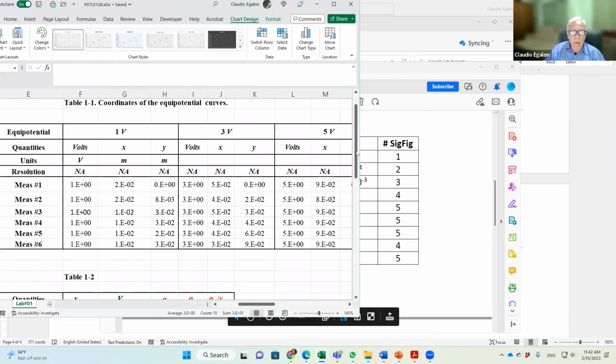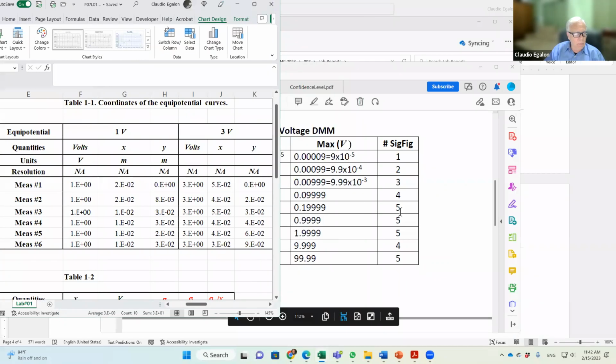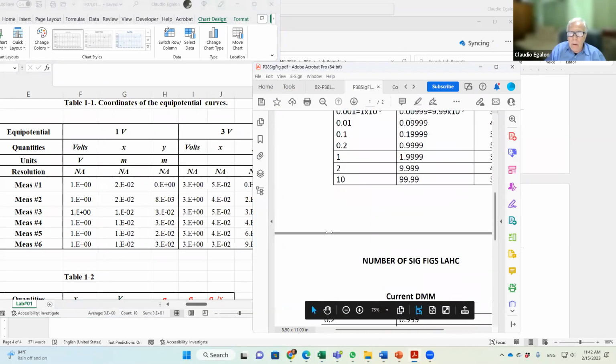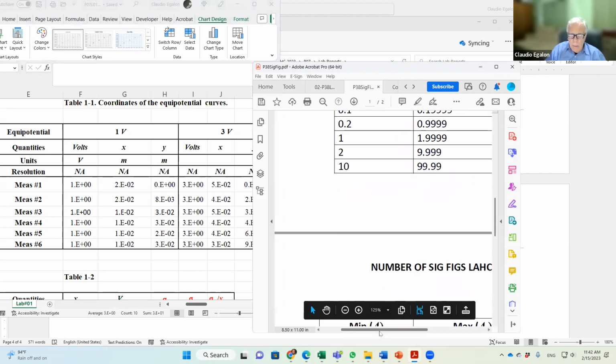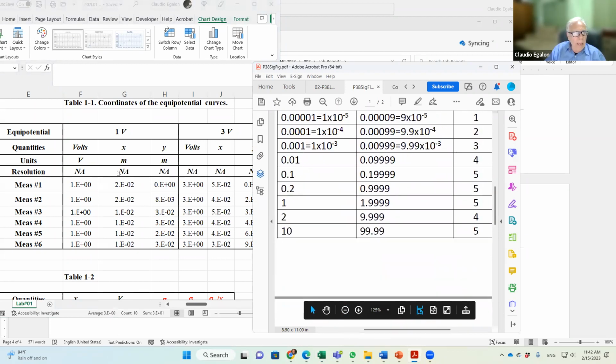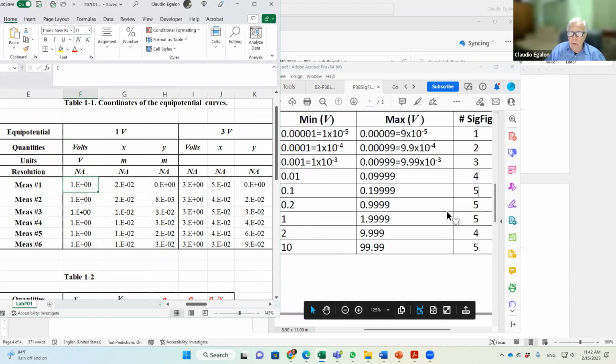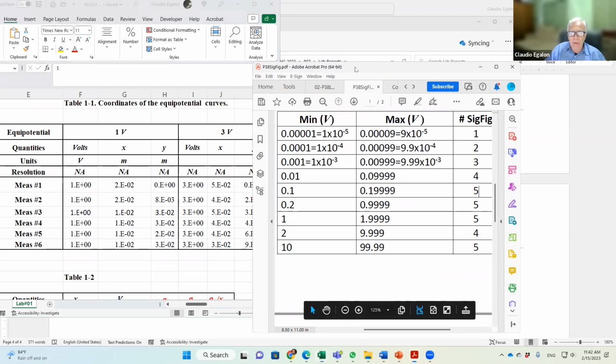Okay, so it's not that difficult to find that out. So let's start with the voltage. You have to look at the value of the voltage here. In this case, my voltage is exactly 1. And according to my table, you must have 5 significant digits.